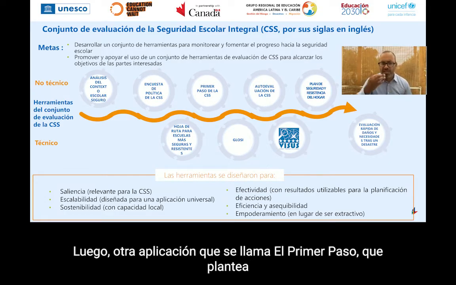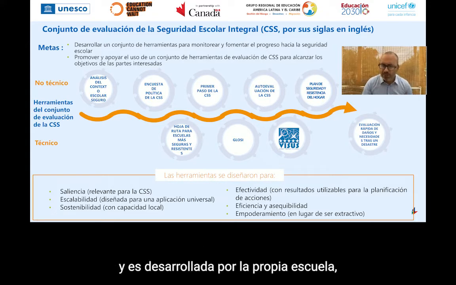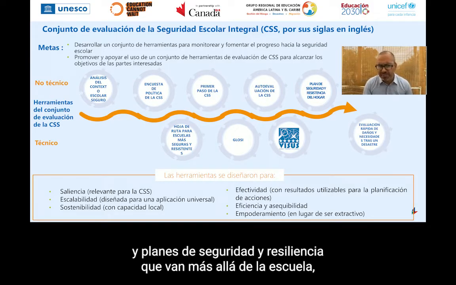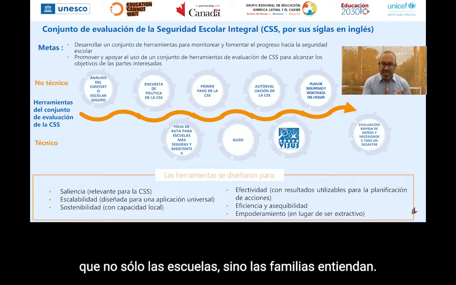Then another application is called the First Step, which is a raising awareness application, a self-assessment that normally is developed by the school community itself. And there are household safety and resilience plans that go beyond the school, talking more about the community and how the families understand the different elements, not only at the schools.